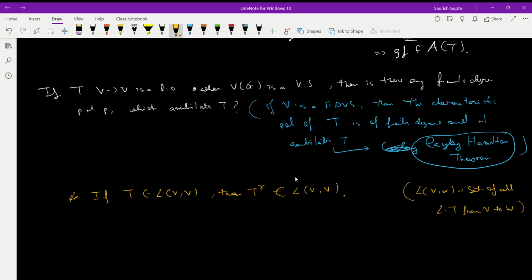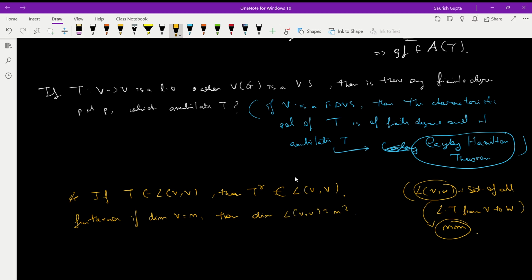So L(V,V) is also a vector space, and it is basically the set of all linear operators on V. Previously we had proved that if V and W are finite dimensional with dimensions n and m respectively, then L(V,W) has dimension nm.